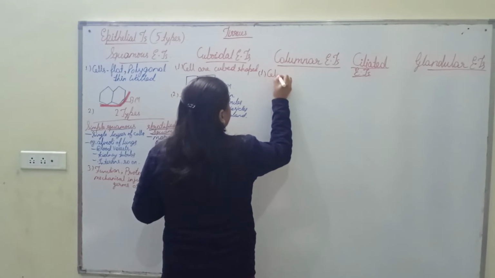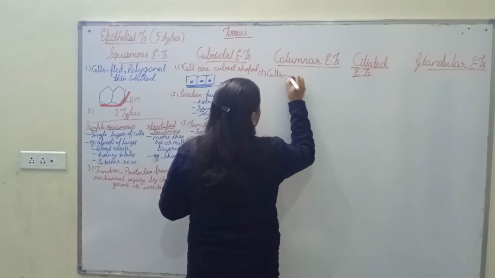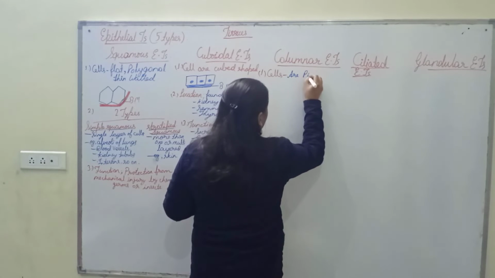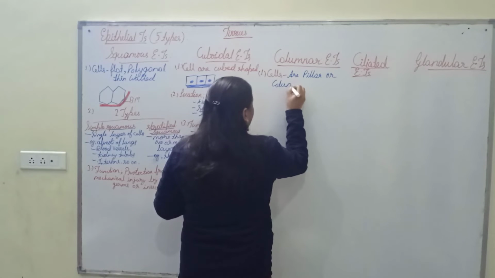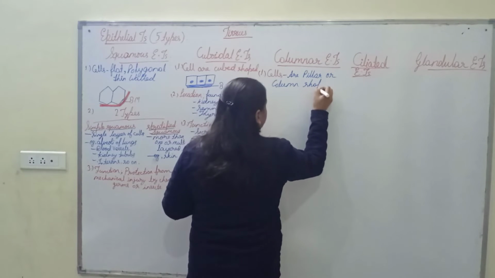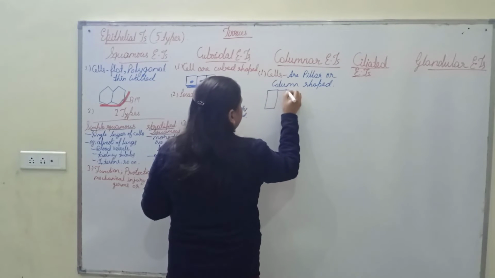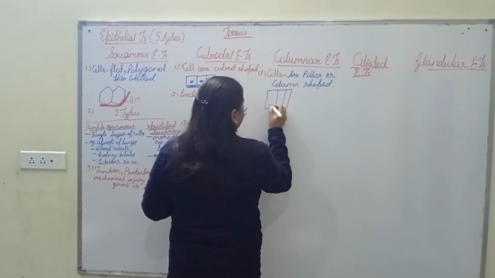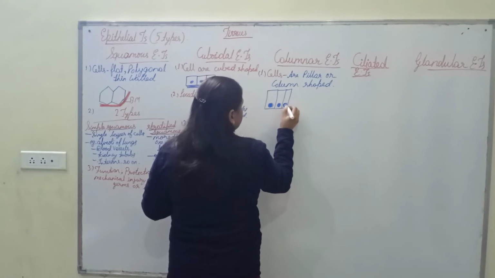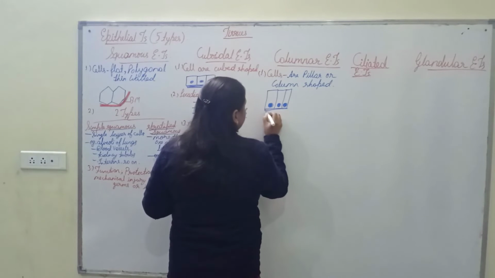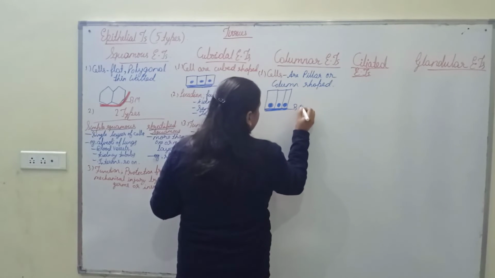Cells are pillar or column shaped, and the nucleus lies in the base of the cells. Also, these are arranged on the extracellular basement membrane. This is called BM.